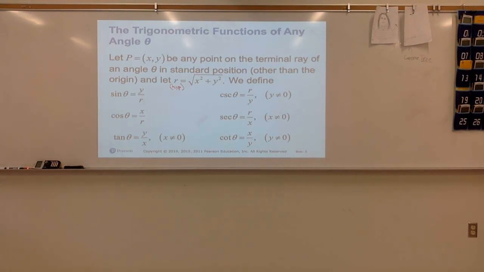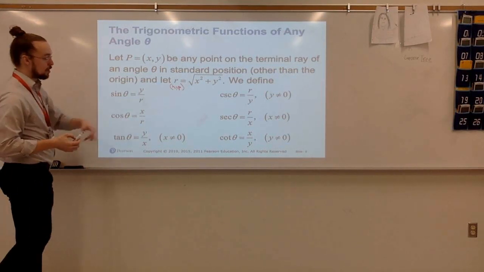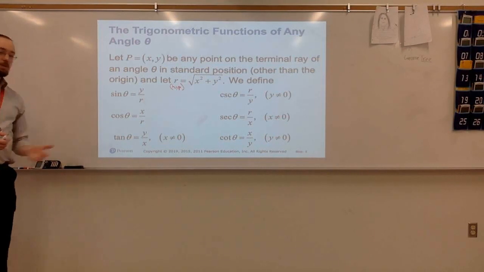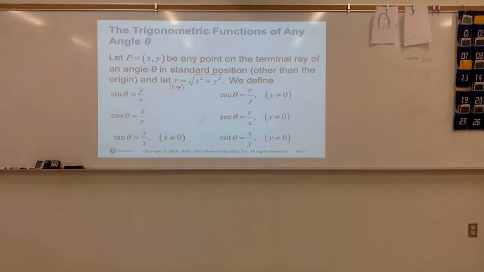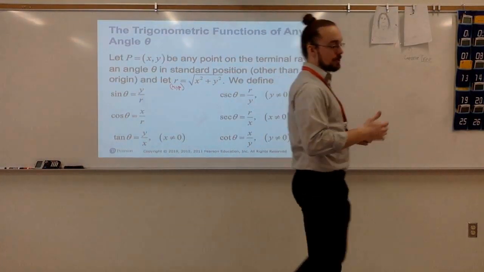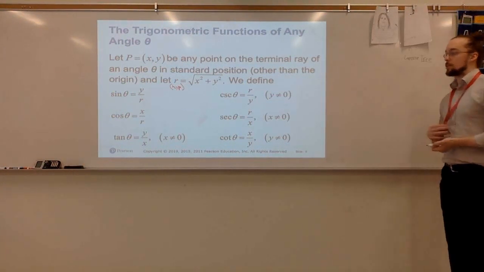Cosine is the x value of that point over r, or the hypotenuse. Tangent is the y value over the x value. And then cosecant, secant, and cotangent are just the reciprocals of these. So this is basically the same thing as what we've been talking about.